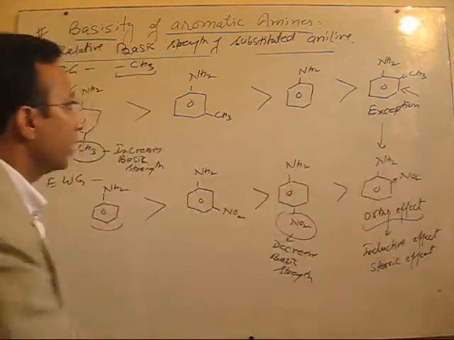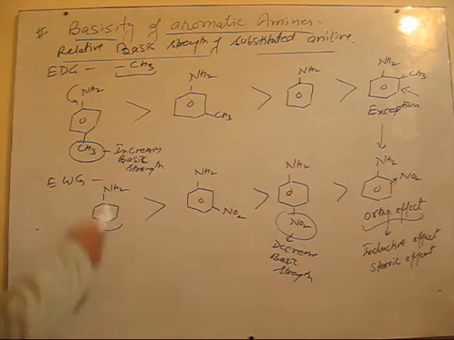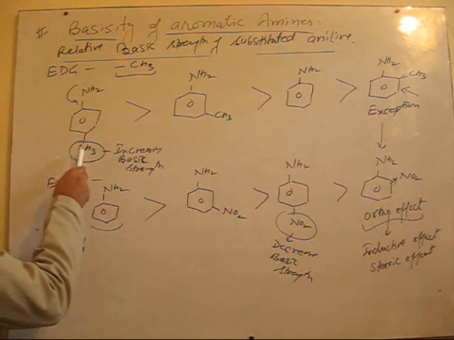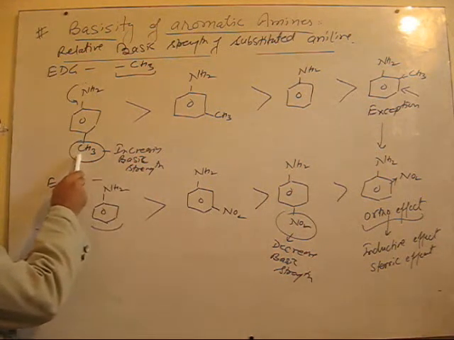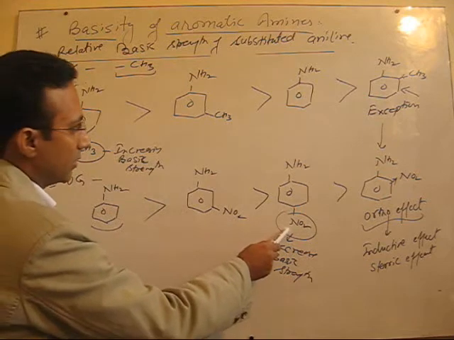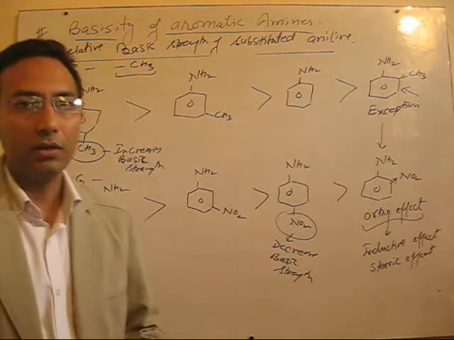Fine. So in both cases ortho are least basic, and moreover I have told you the substituent present at the para position is going to make the effect more pronounced, whether to increase the basic strength or to decrease the basic strength, right? Now let me give you the values of their pKb.